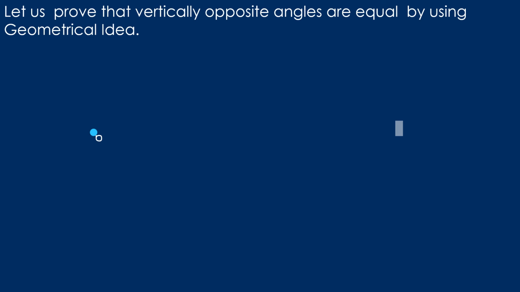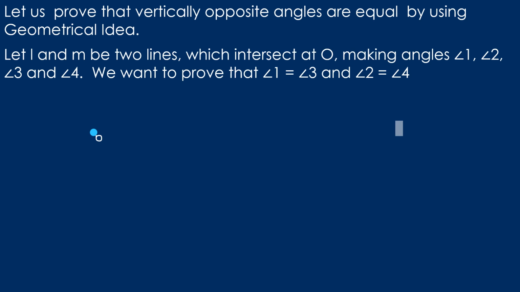Let us prove that vertically opposite angles are equal by using a geometrical idea. Let L and M be two lines. They intersect at the point O, and due to this, four angles are obtained: angle 1, angle 2, angle 3 and angle 4. We have to prove that vertically opposite angles are equal, that is, angle 1 equals angle 3 and angle 2 equals angle 4.